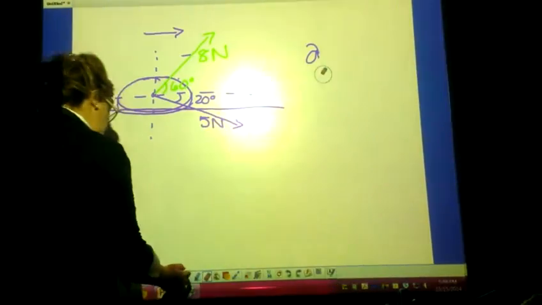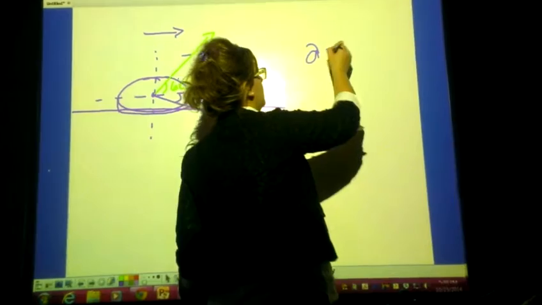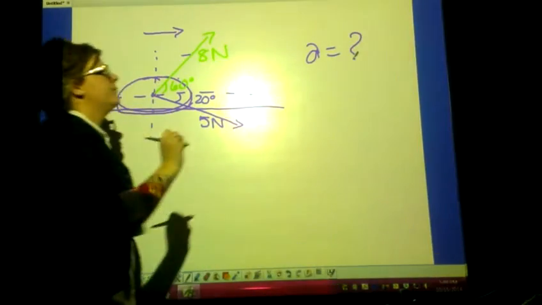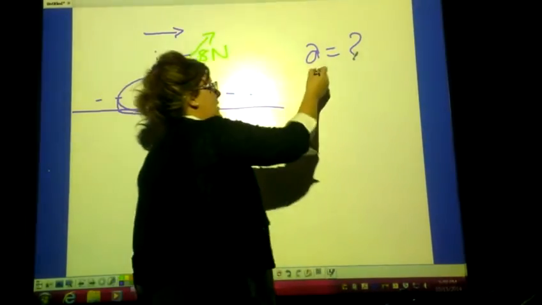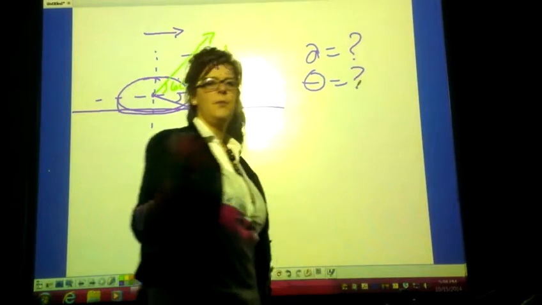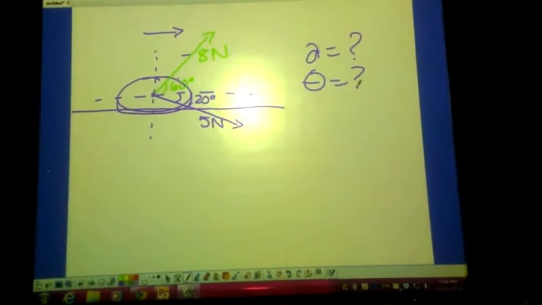I want magnitude and direction. So I'm going to say a equals and theta equals, because theta will tell me my direction. Okay, how do I do this? That's my picture. I've organized my forces in my diagram.